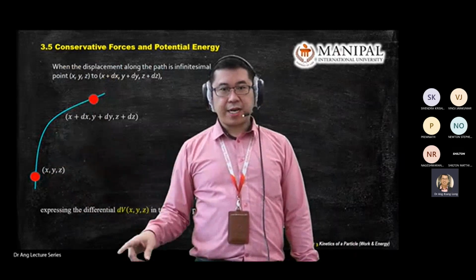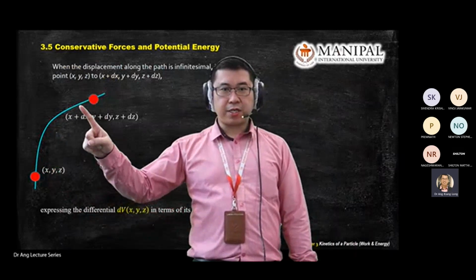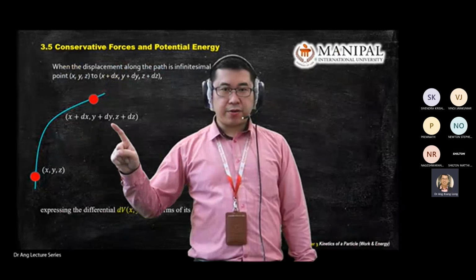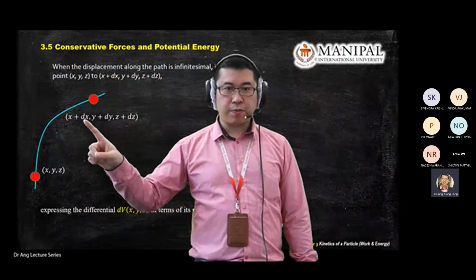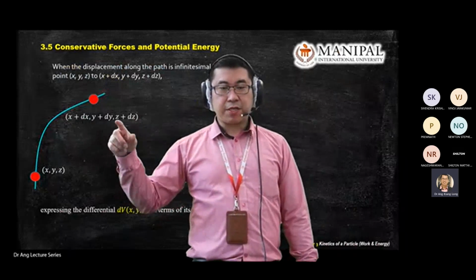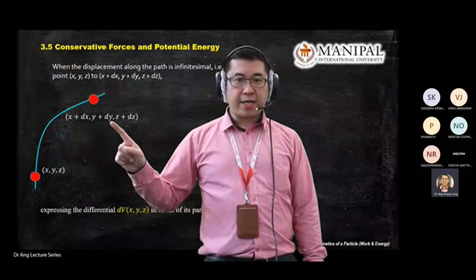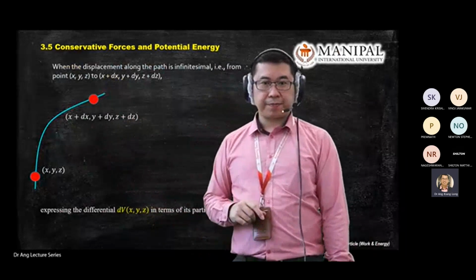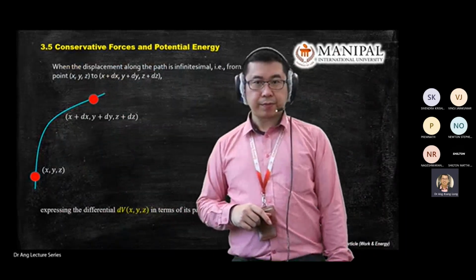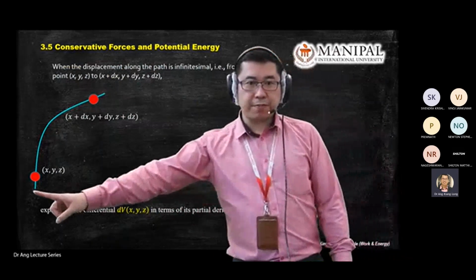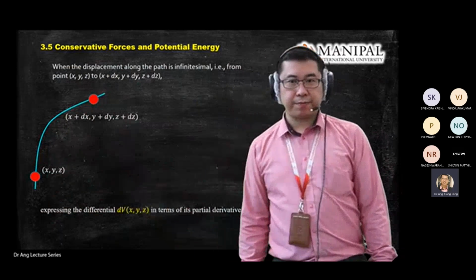After a certain amount of time, this object moves from this location to this location, and you are given a coordinate system also. x plus dx means there's a certain change of x location, and also y and z. But this object travels in a path.